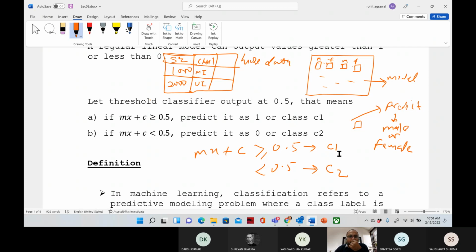We can predict the real values using mx plus c, and instead of a real value, we can find the probability, and set a threshold value. If this value is greater than the threshold, it will be in class 1, otherwise class 2.